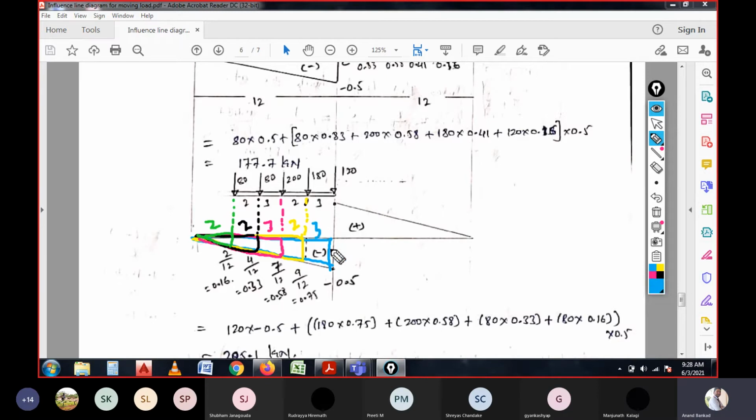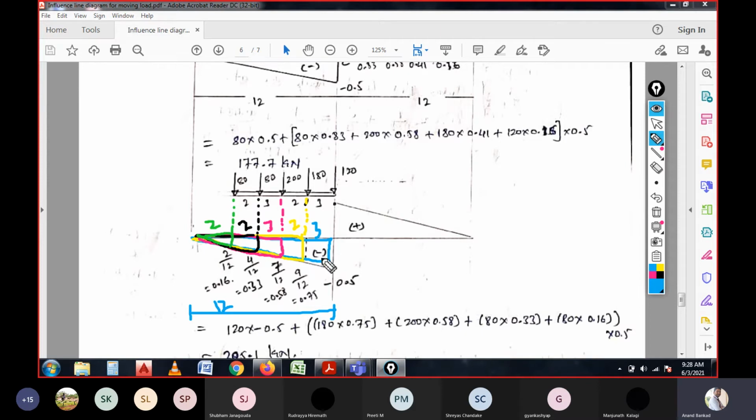But we need to consider the total length. So at this point, for the section of the 180 kilonewton load, the total distance is 12 meter from here to here. In that 12 meter, how much distance remains? That is 3 meter. So 12 minus 3 will be 9.